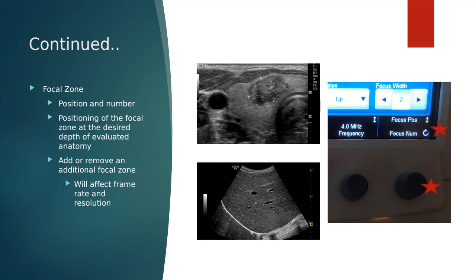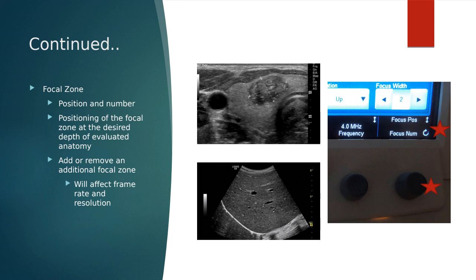Remember, depth is something different. Focus is saying, this is the level of anatomy that I'm really trying to showcase here. We typically try to scan with only one focus, because when you're only focused on one thing at a time, you do a better job at that one thing. But on our machines, we can add multifocal zones.